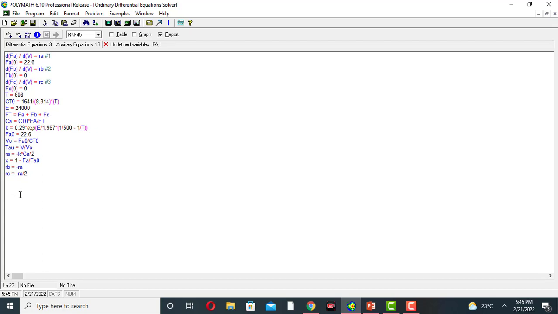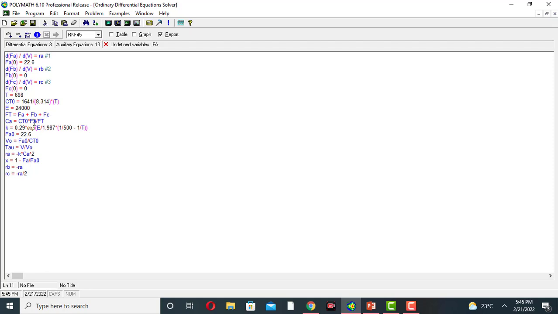Now the FA value is unknown, so there is one undefined variable FA. So this FA will also be written small, otherwise it is wrong.